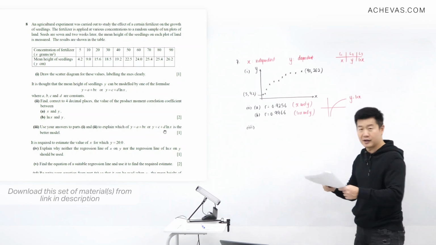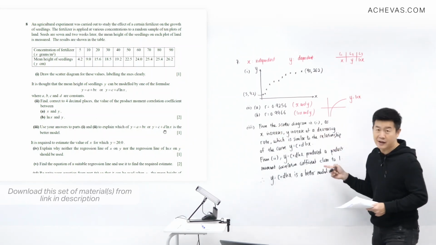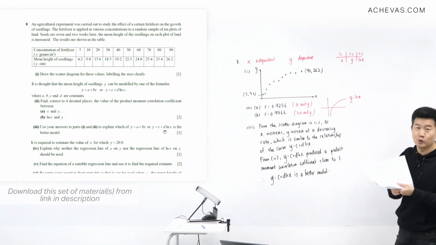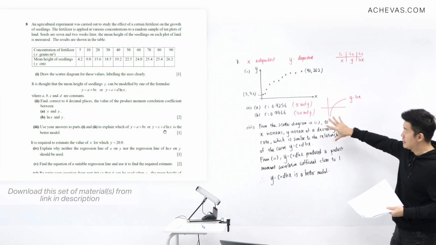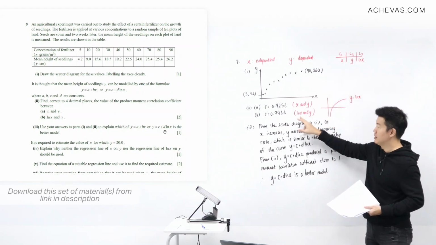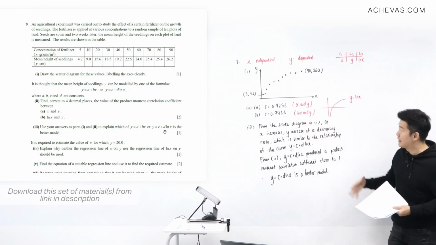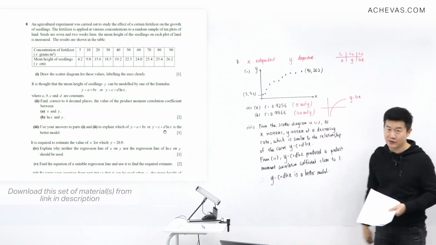So I'm going to try to describe this. Let me write down my explanation here. In my answer, I have tried to highlight the two things that we have just mentioned. One is taking reference to the scatter diagram, which lets us observe that the relationship we are seeing is closer to this version instead of this version.